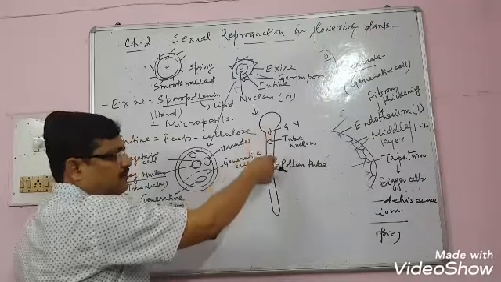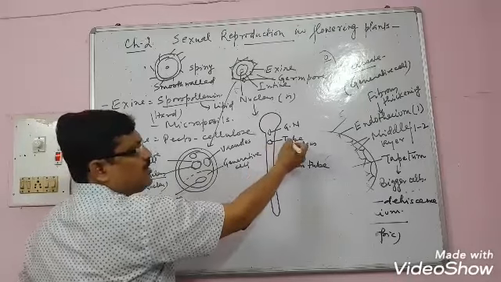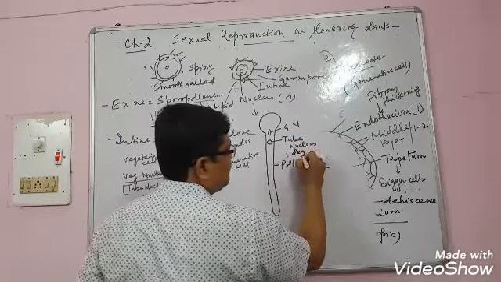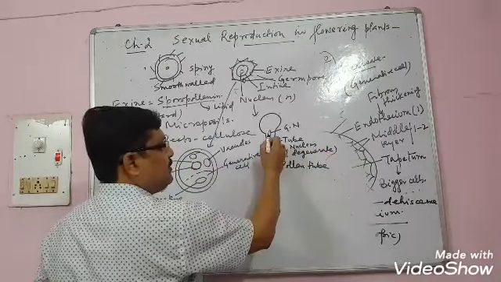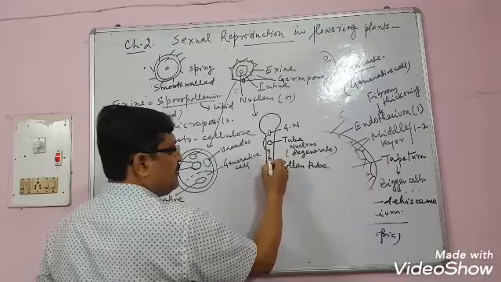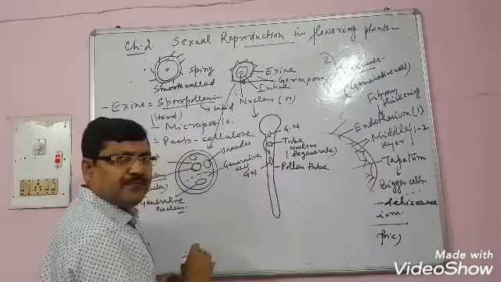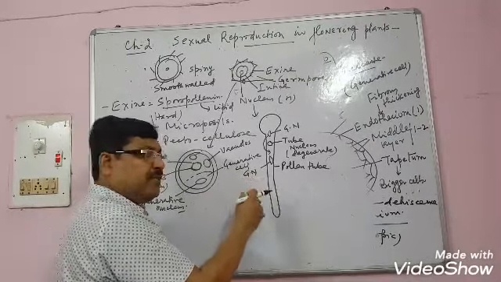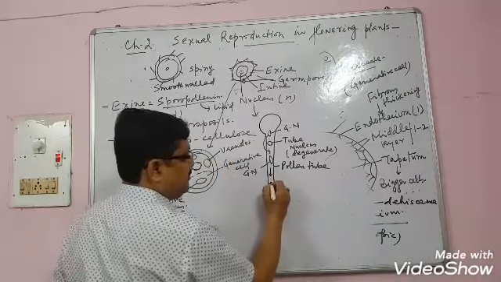After traveling some distance, this tube nucleus will degenerate and this generative nucleus will divide mitotically to form two nuclei.